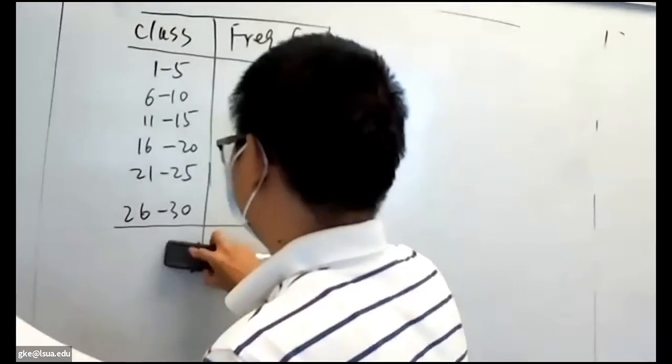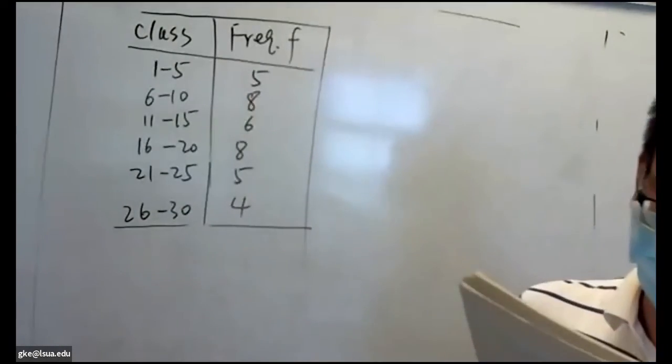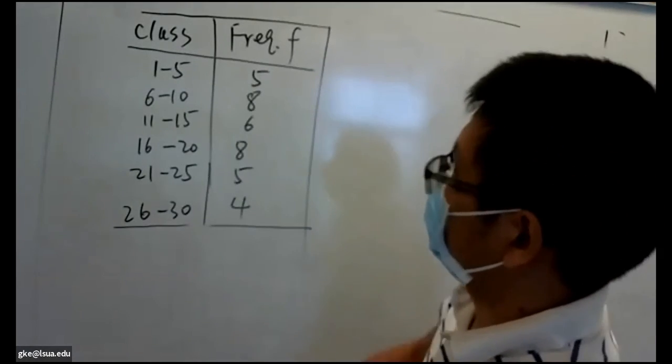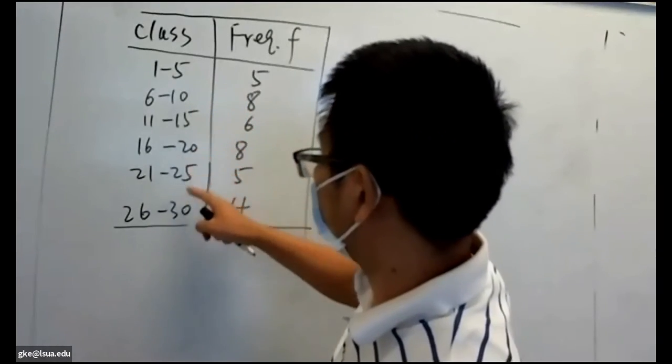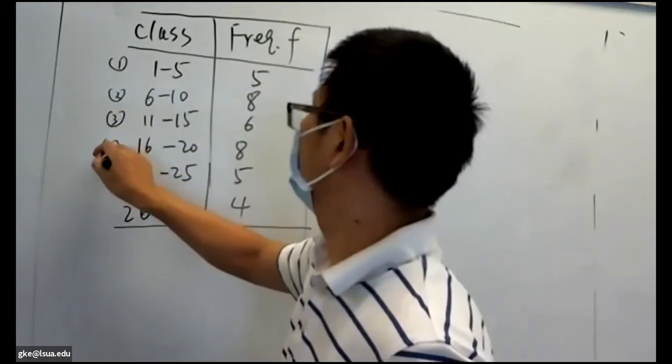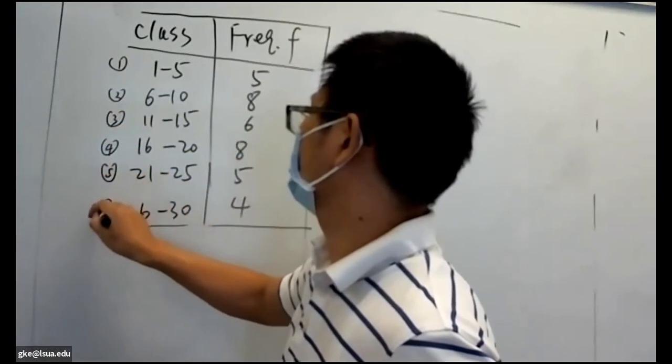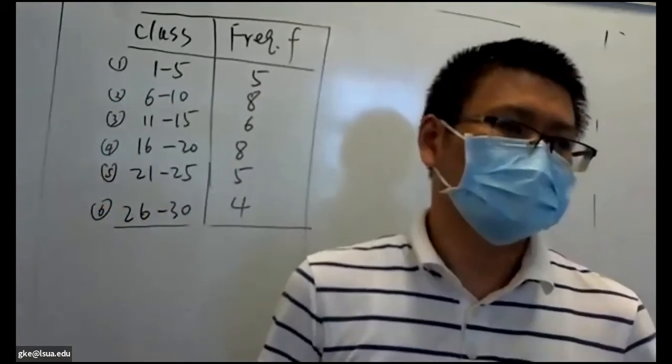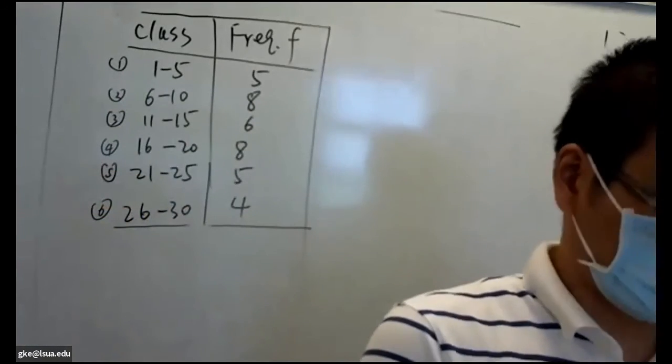Okay, I gave you this table. And you can tell how many classes I have. 1, 2, 3, 4, 5, 6. We have 6 classes.